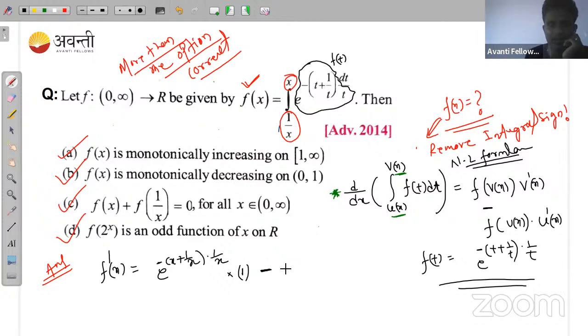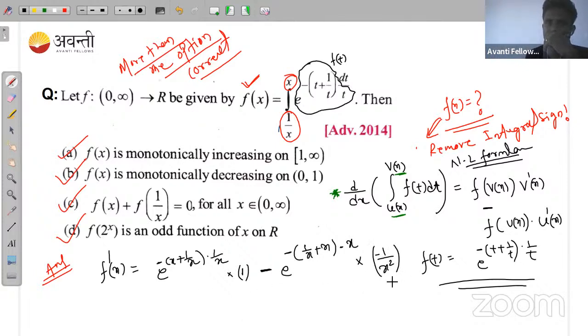So now e to the power minus, in place of t if I write 1 by x, it will be 1 by x plus 1 by 1 by x, that is x, into 1 by 1 by x, that is equal to x, into derivative of 1 by x, that is minus 1 by x squared.